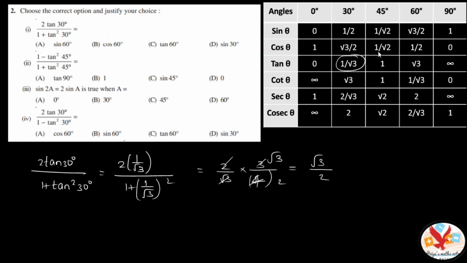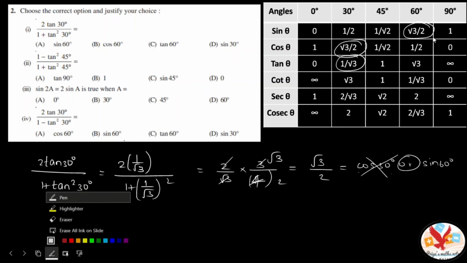In the tabular column, what are all root 3 by 2? Cos 30 degree is root 3 by 2 and sine 60 degree is root 3 by 2. Cos 30 degree or sine 60 degree. But in the choices, there is no cos 30 degree, so it is ruled out. Therefore, we have to mark option A. Option A, sine 60 degree, is the correct answer. Okay.